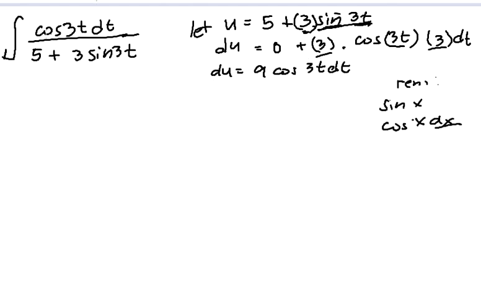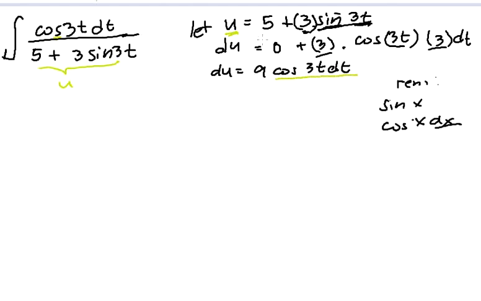Okay. So as you can see here in our main problem, let us review our main function. So our u is this one, and our cosine 3t dt is this.